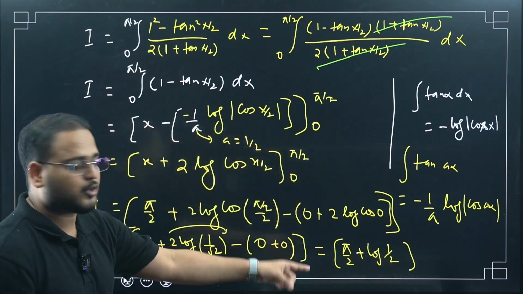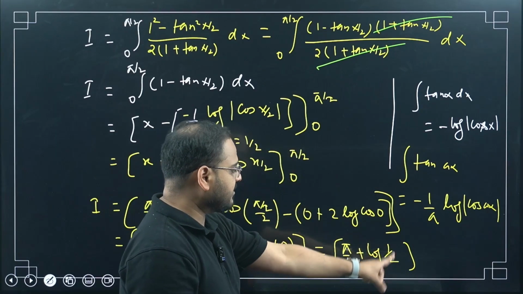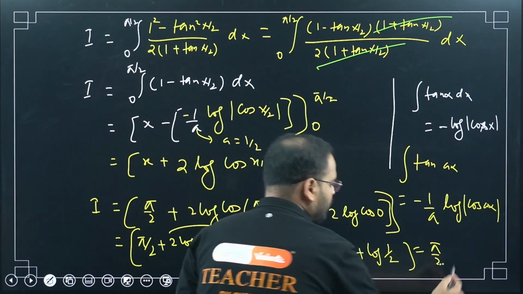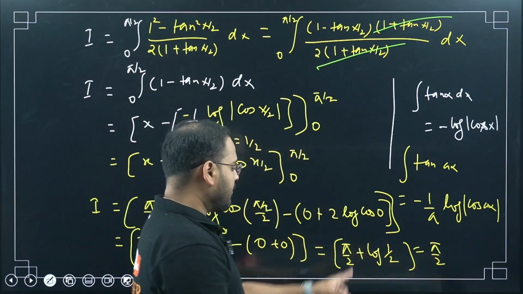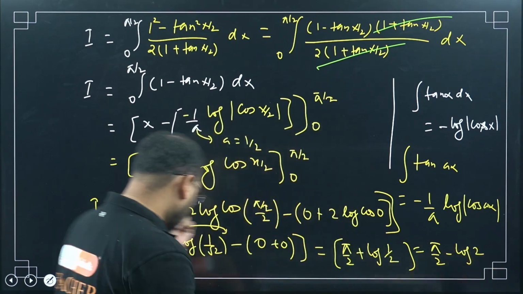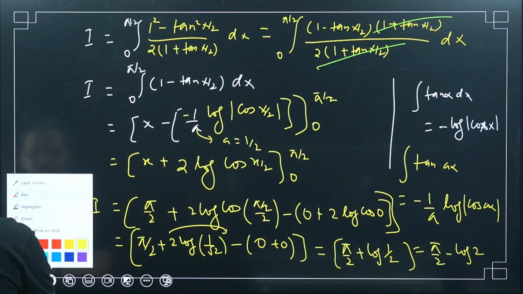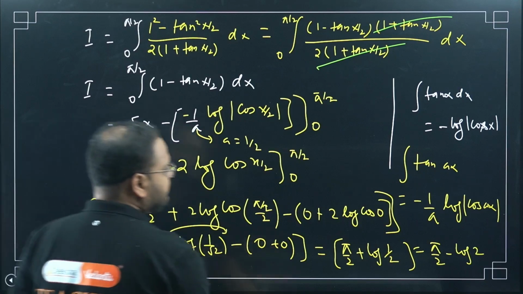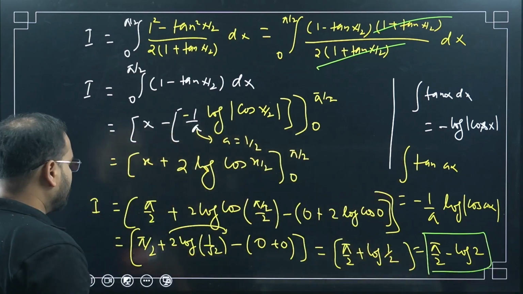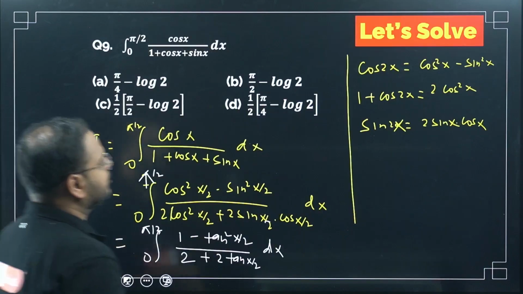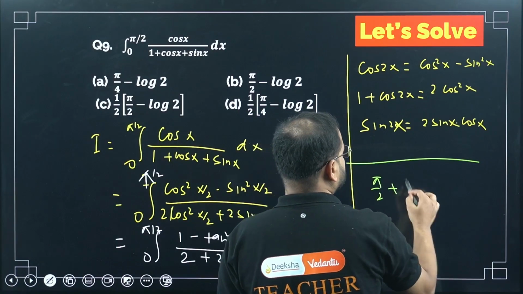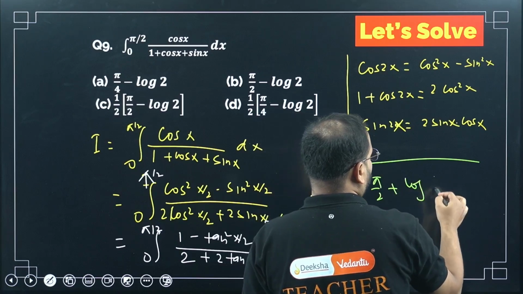I can write this as 2 power minus 1. This will become pi by 2, and minus 1 will come outside, so minus log 2. Confusing? Let me explain it one more time. This is my final answer first of all, and I'll show you why it is coming like this. I'm getting pi by 2 plus log of 1 by 2.